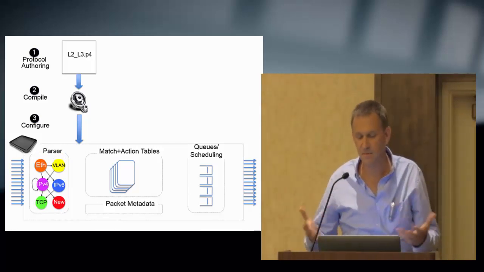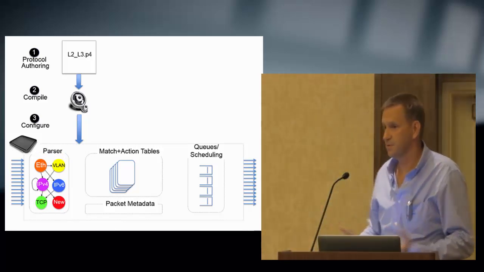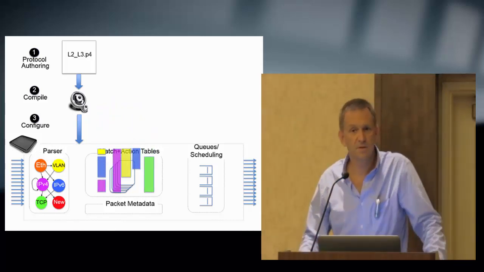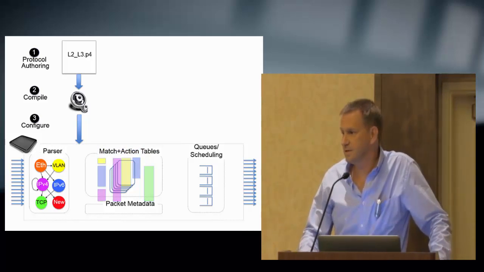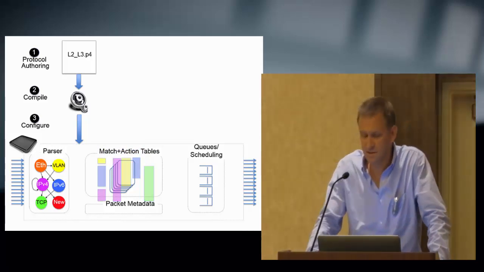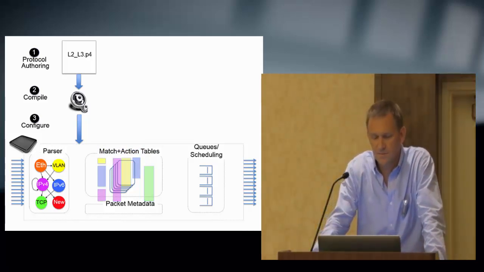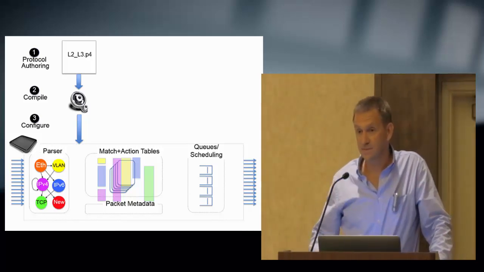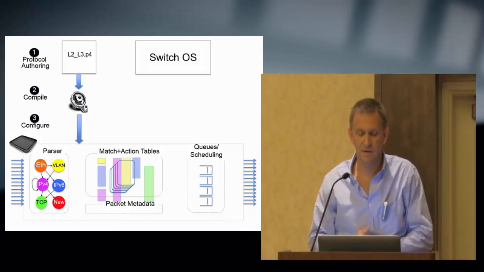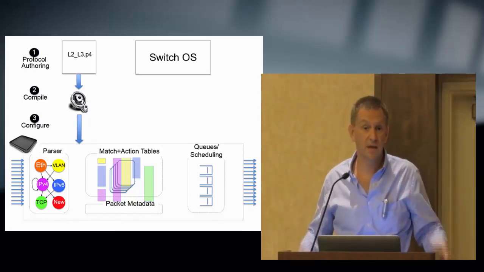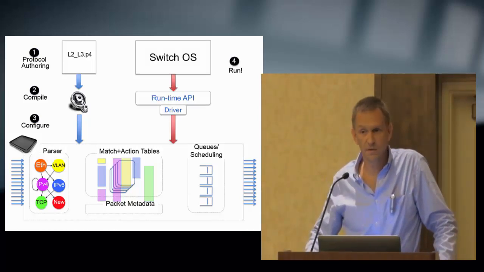And then we need to send something down to the match action tables, for example, to say, this is the sequence in which I want things to be processed, this is how big the tables are, this is the dependency that might exist between different processing stages, etc. So once we've configured the device, it's ready to run. And so now our switch OS and our runtime API can then add and delete entries, rules, into those tables.